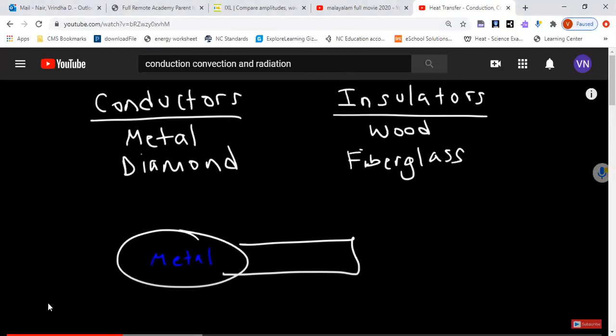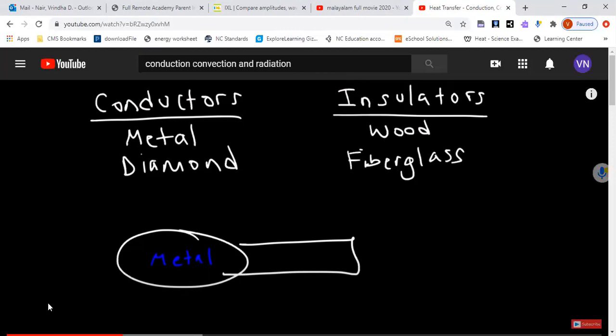However, insulators are things which do not conduct electricity. If I have a pencil with me, that pencil does not conduct electricity, so it becomes an insulator. Let's say wood: wood does not conduct electricity, so it becomes an insulator. Then fiberglass, it becomes an insulator.